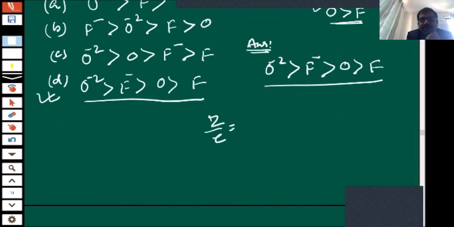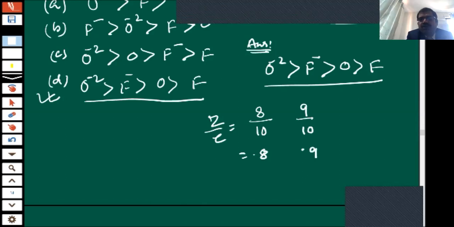Z by E. So here oxygen is 8 and this is 10, so 0.8. Fluorine is having 9 as Z value and 10 electrons, so it is 0.9.